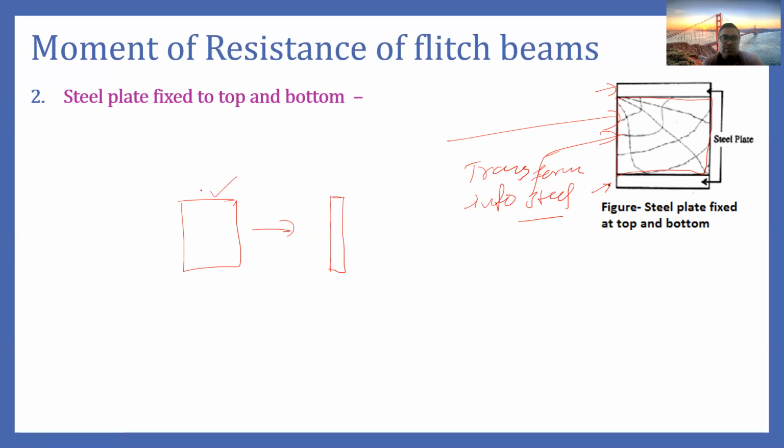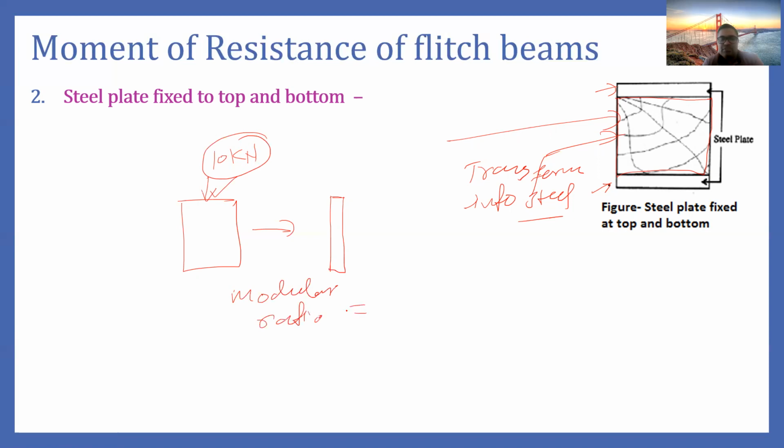So for example, if this timber section can take 10 kilonewton load, then for the same load to be taken by steel plate, the cross sectional area will be very less. So this kind of transformation is done based on the ratio, which is called modular ratio.